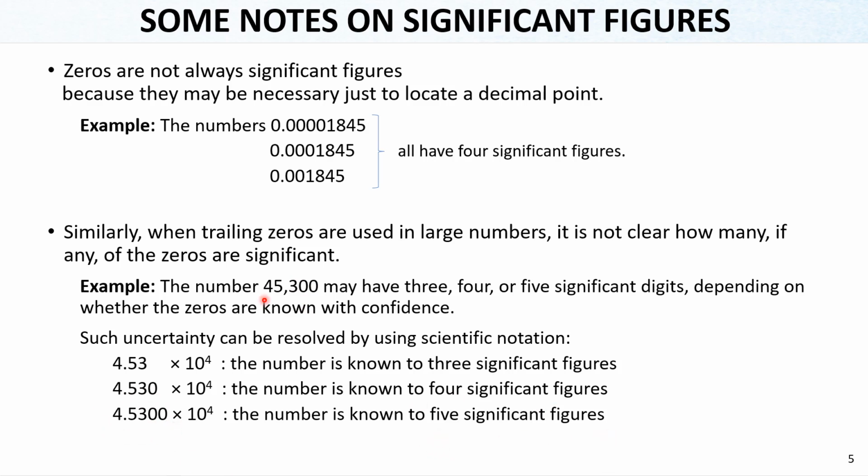So instead of showing it like this, to highlight the significant figures we can simply use this scientific expression, which shows the number with 10 to the power of the value.